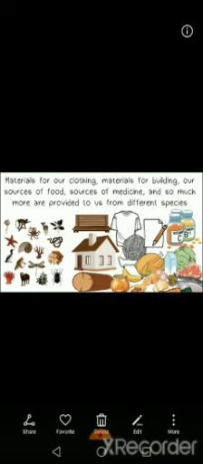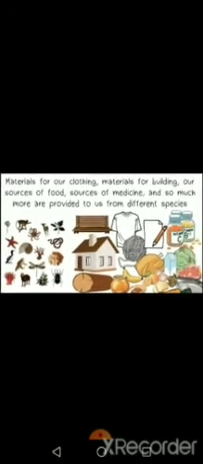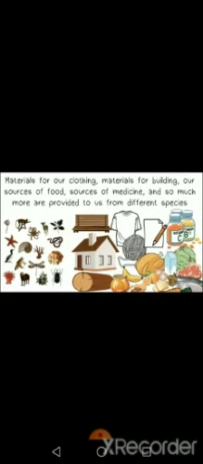And similarly, materials for our clothing, materials for building, sources of food, sources of medicine, and so much more are provided to us from different species of plants and animals. So the stability of our global ecosystem depends on the biodiversity of life.